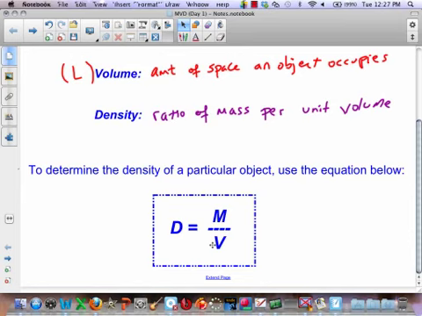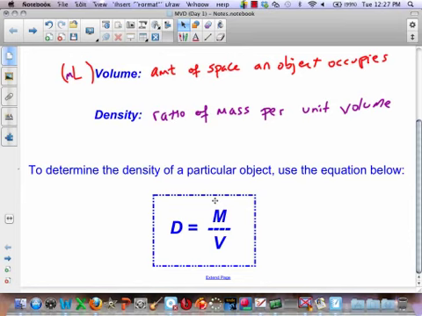So density is mass over volume. Now, typically when we're talking about volume for this class, it's not going to be in liters. It's typically going to be in milliliters. So understanding that, what are the units for density? Okay, well, what is density again?